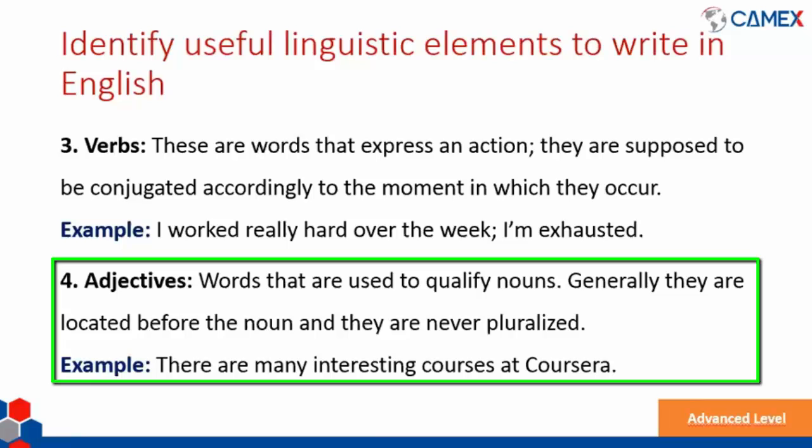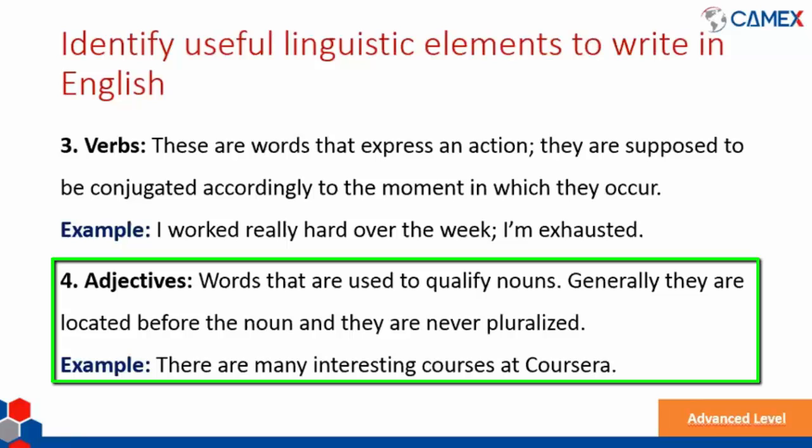And the other thing is that they are never pluralized. Si en español yo digo casas rojas, en inglés voy a decir red houses. Red, rojo, no tiene plural. Entonces, los adjetivos no tienen número, no tienen plural o singular.